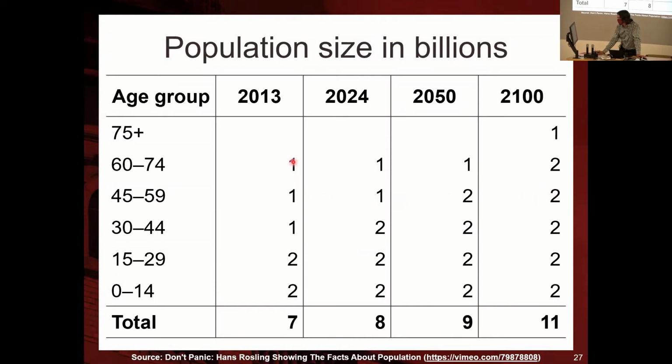So here in the current society, or more like close to where we are right now, we have these older age groups with 1 billion people, and we expect that to increase. It's not because there is an increase in fertility.